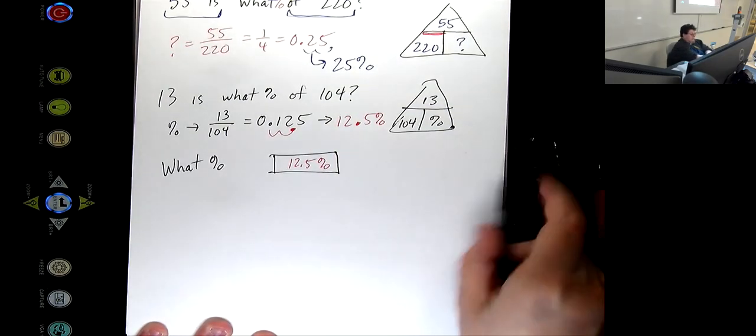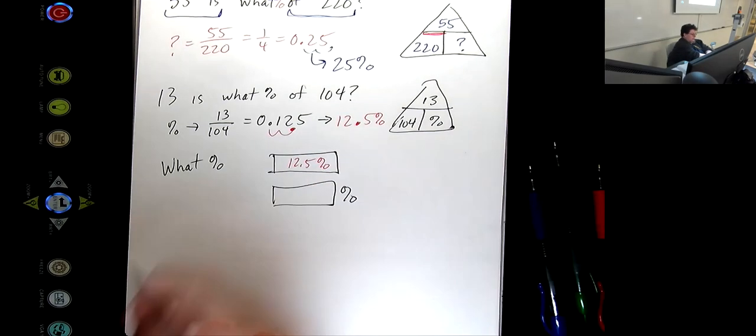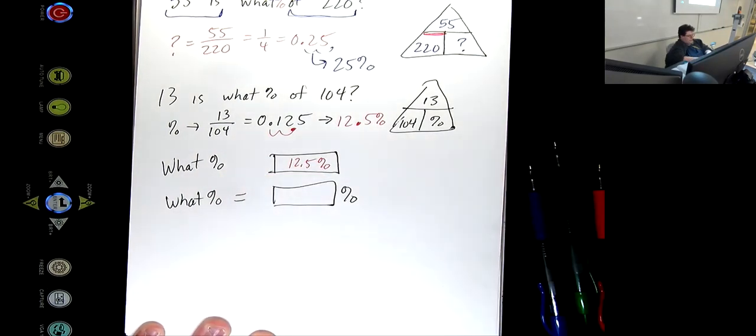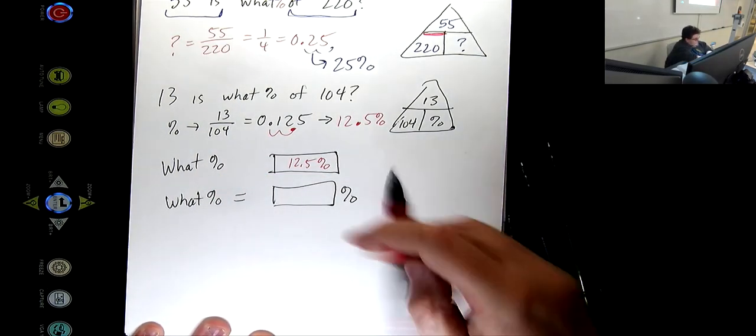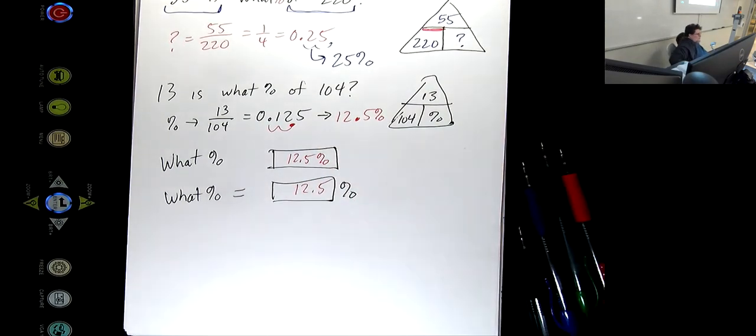Sometimes they'll do like, what percent, and they've already got the percent sign listed for you, so you don't write that. I don't know if the homework has that problem or not. So if it does, be aware of that when you're starting chapter 3.